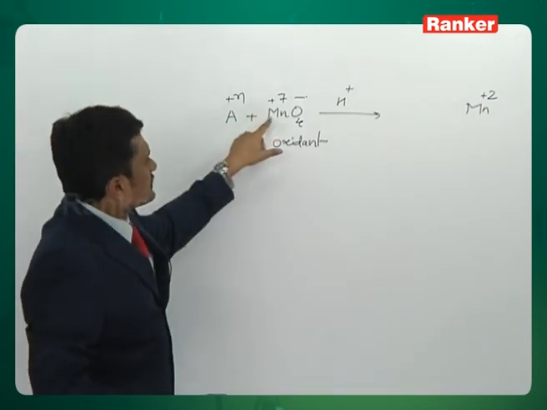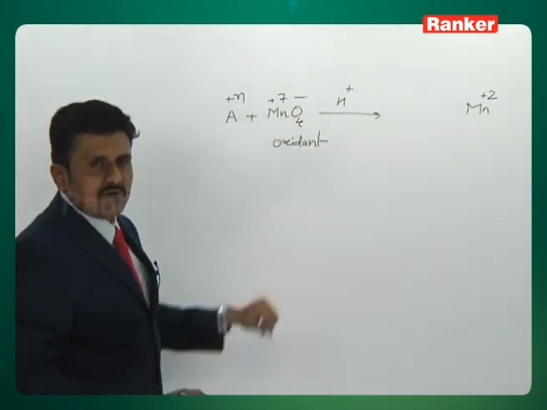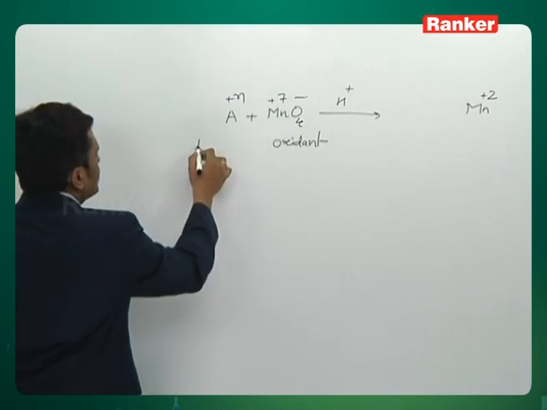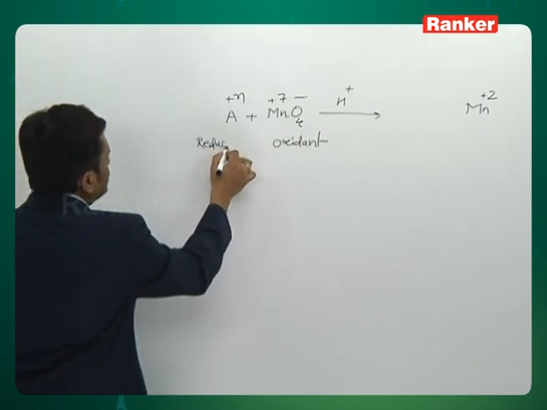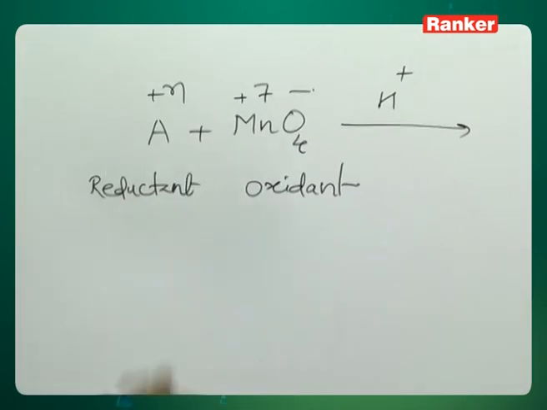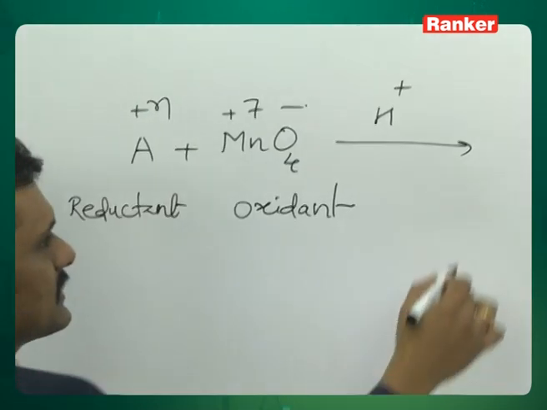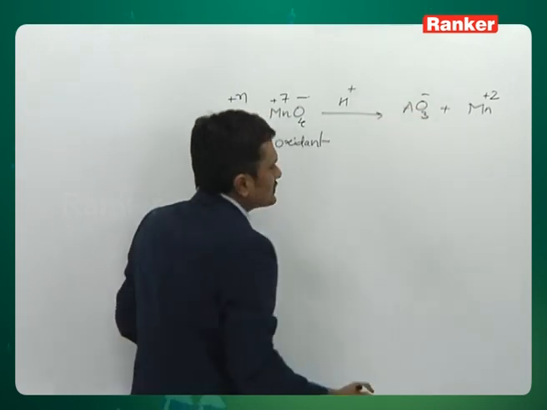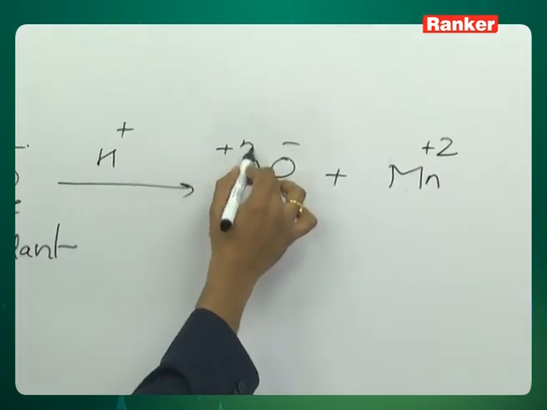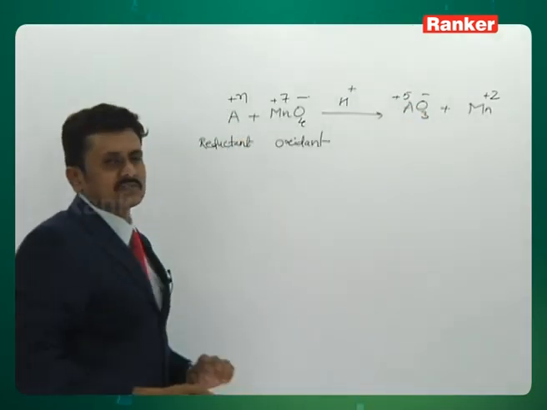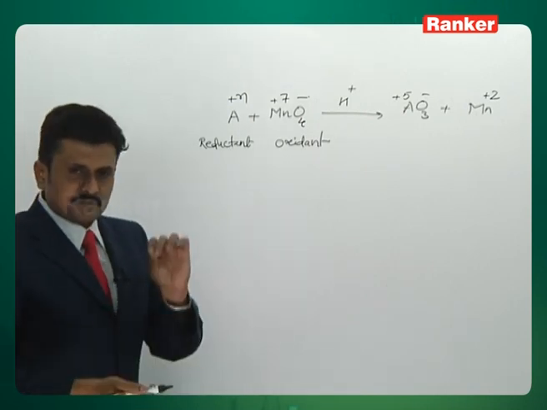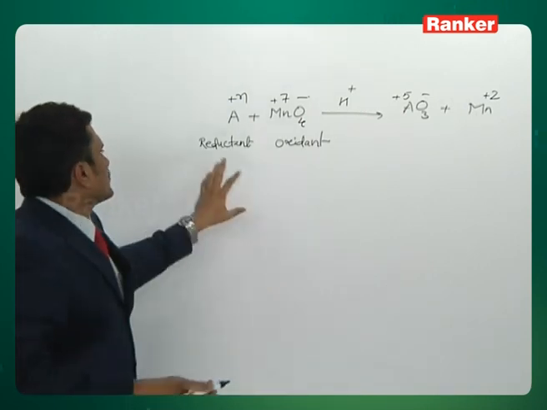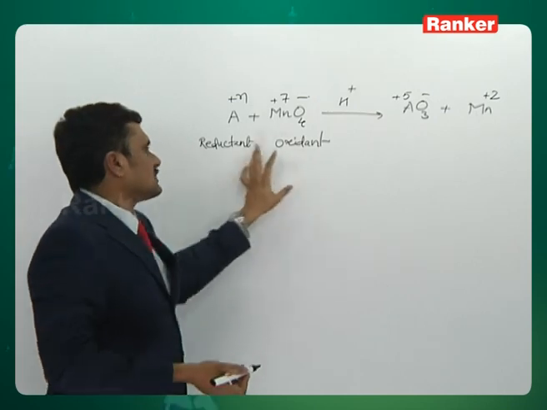Since permanganate is undergoing reduction, we call it the oxidant, and therefore A^(n+) is the reductant or reducing agent, whose oxidation state changes into AO3^-, where the oxidation state of A is +5. So in this problem there are two components reacting.